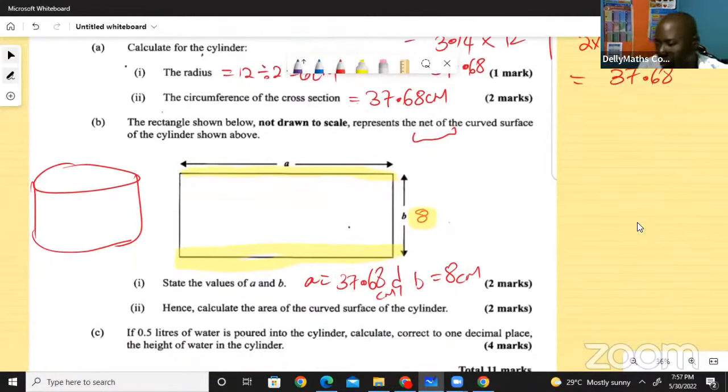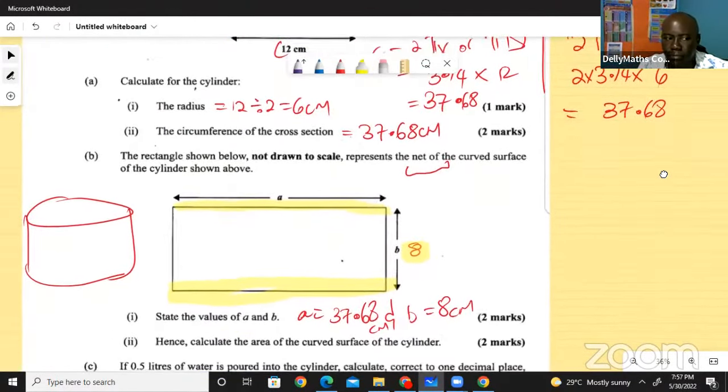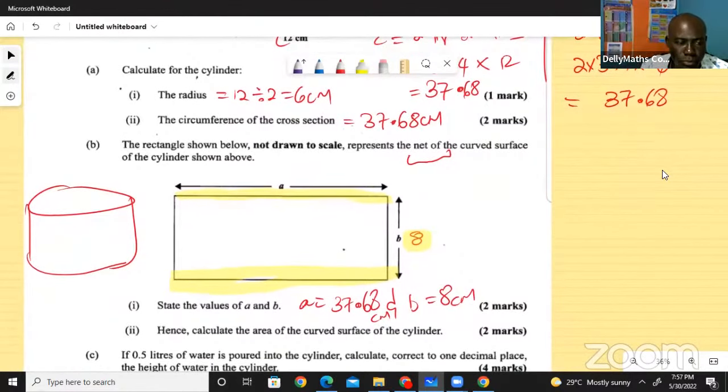So it is the circumference, that is the yellow part, and the height is 8. I was just suggesting that when you open it out, there's a circle down there, and that's the circumference. So when you open it out, we're looking at that yellow thing that we have up top.